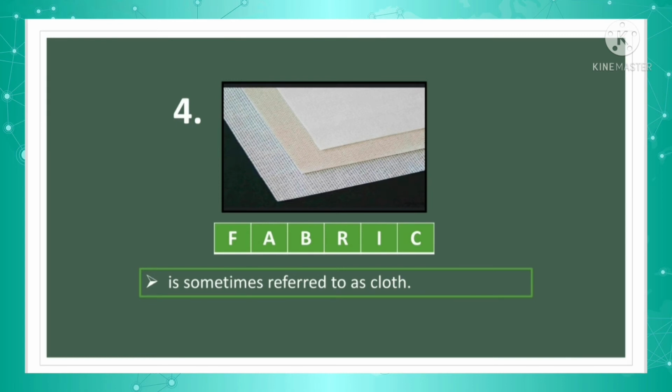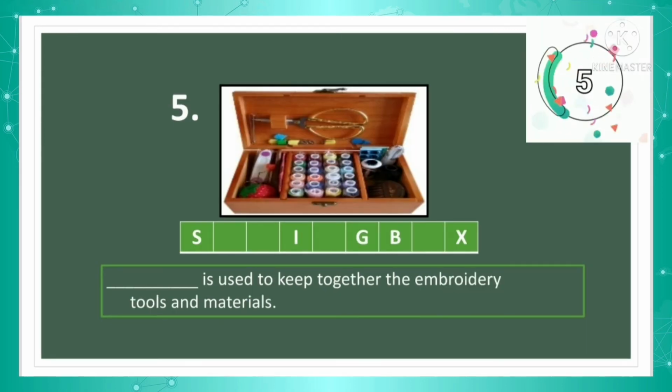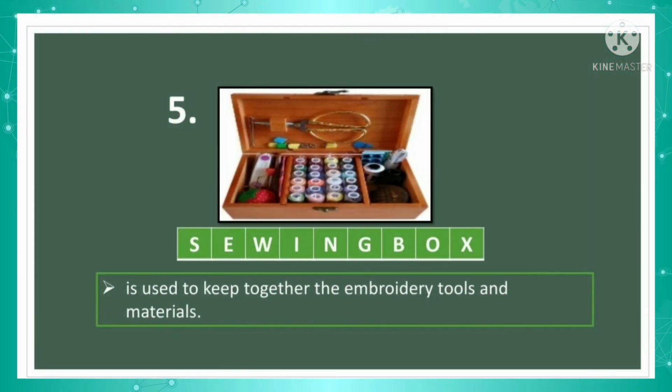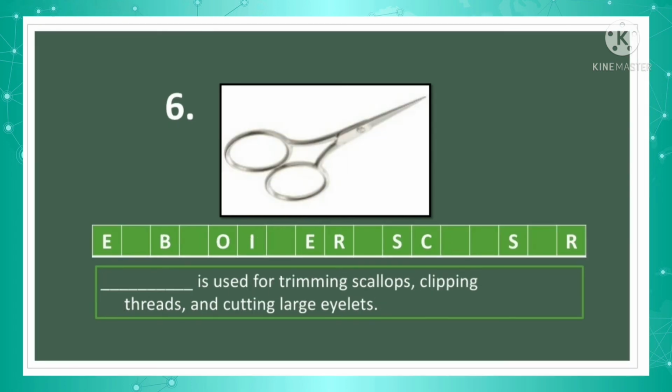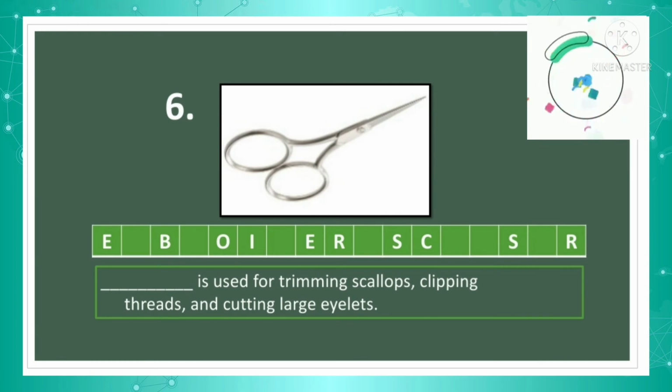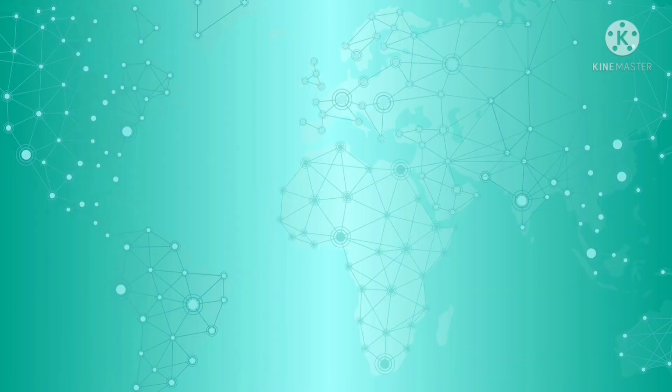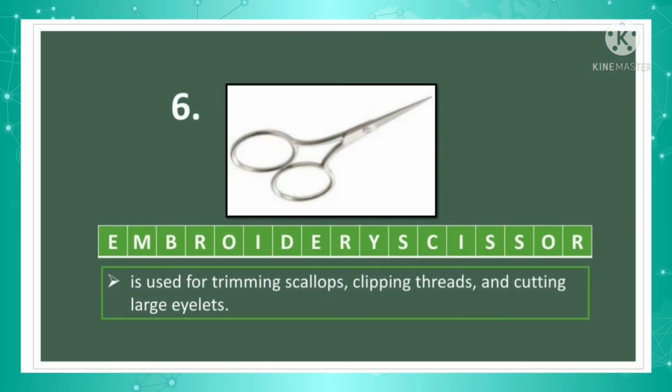Number 5. The answer is sewing box. Number 6. The answer is embroidery scissor.